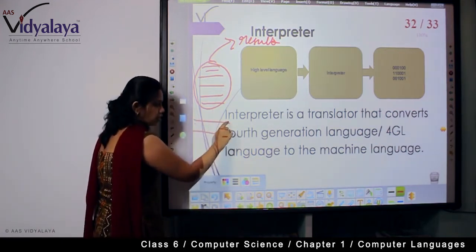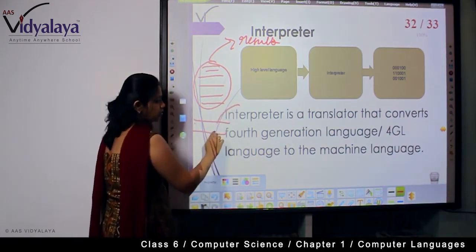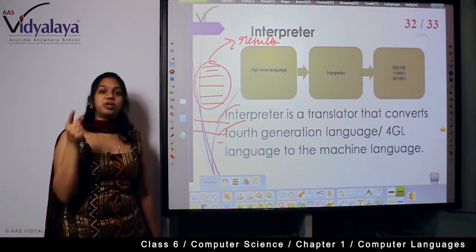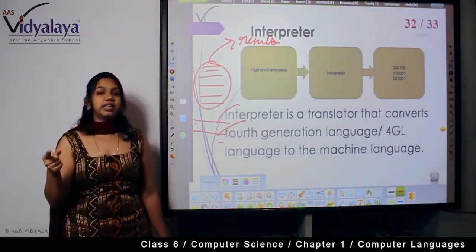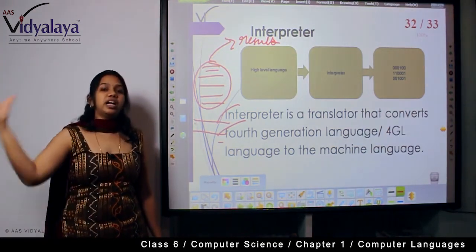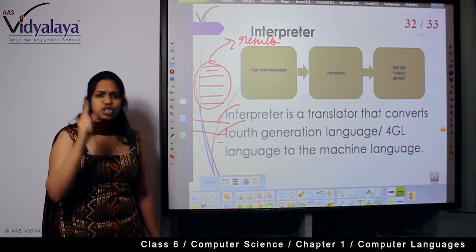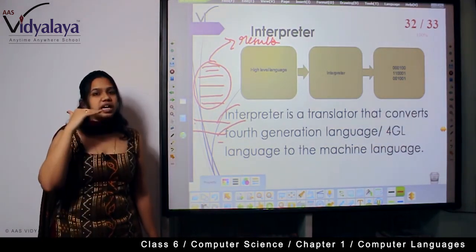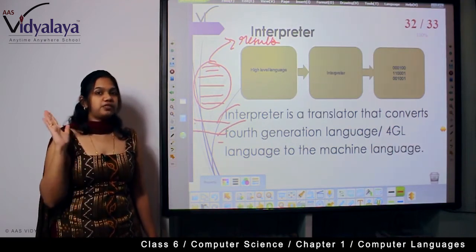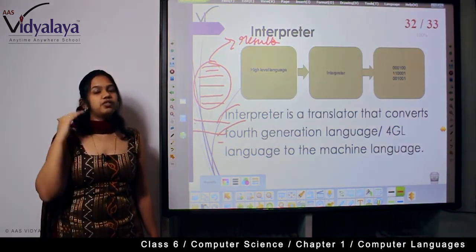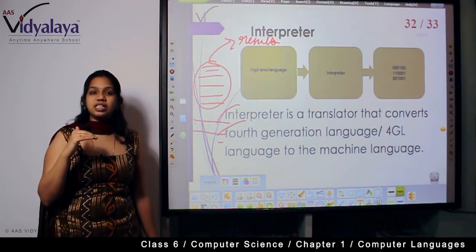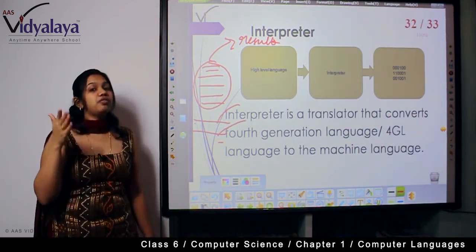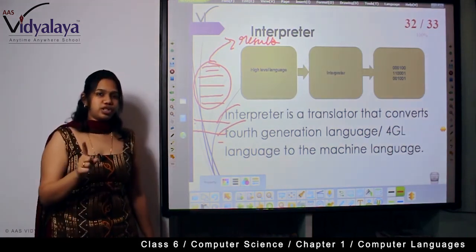If there is something wrong with the first line, I get a result. If something is wrong with the second line, I get a result. So that's the difference between having a compiler and an interpreter. A compiler will take an entire program and give you just one result. But an interpreter will stop its processing at the very first level where it finds an error or gives a result for the first particular sentence which has been done. Okay? So that's the difference, and that's the reason we have two different translators for a generation language.